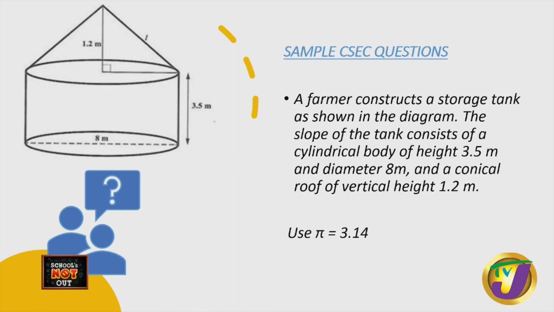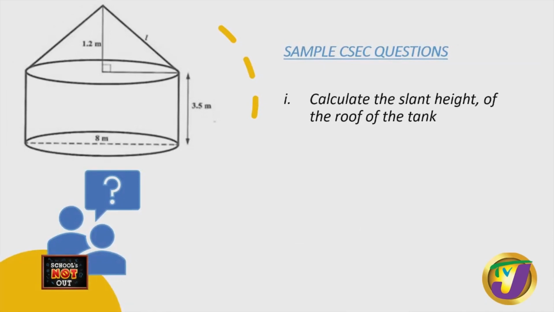Now we're using pi, as we were previously using in the question before, as 3.14. So you're asked to calculate the slant height of the roof of the tank, as the farmer wishes to cover that slant distance with something. So how do you think you'll calculate the slant height of the roof of the tank?